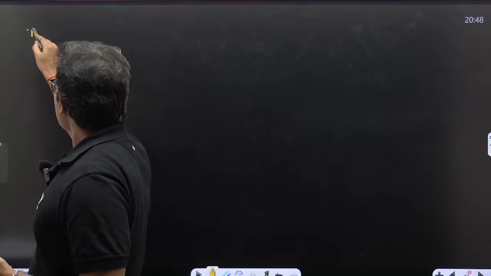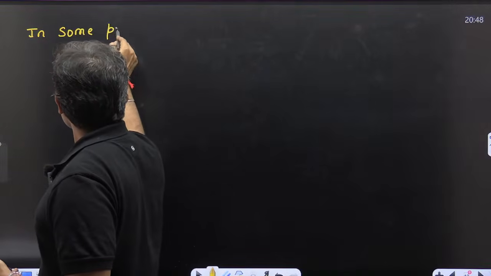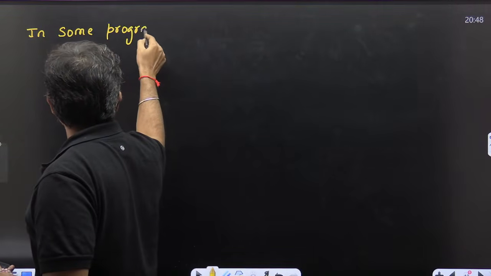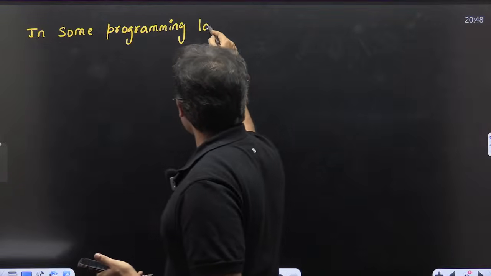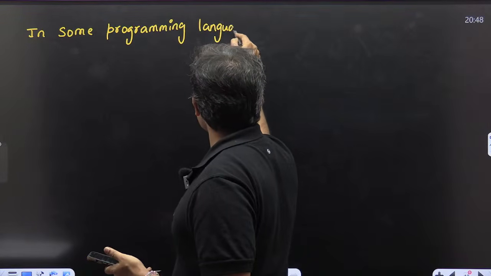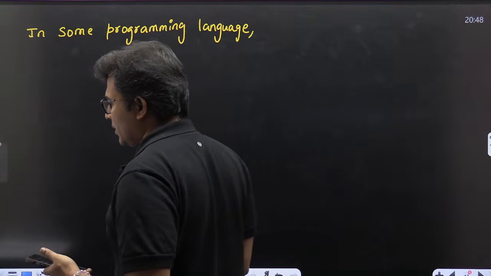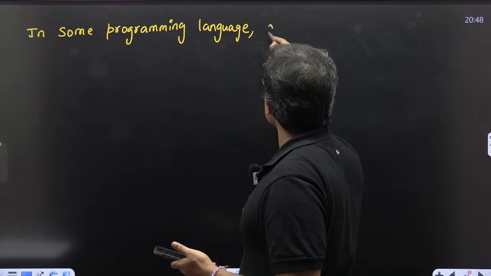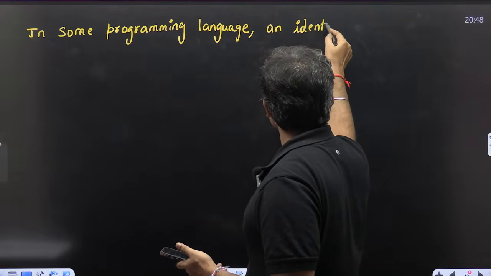Now, in some programming language, an identifier means variable name.